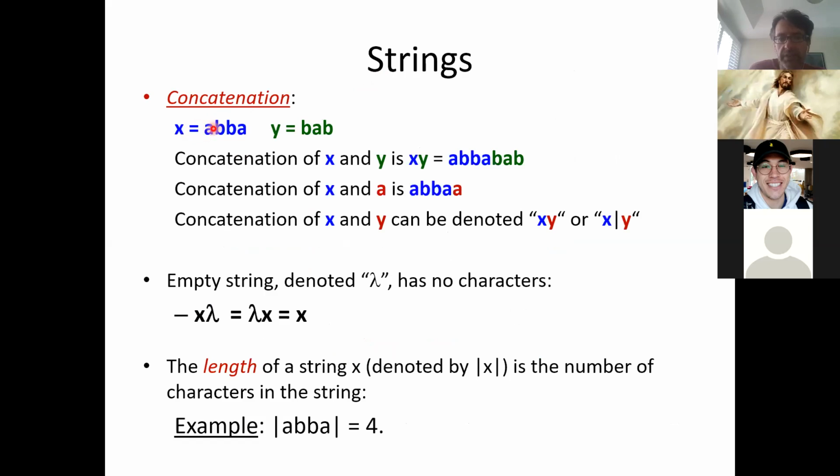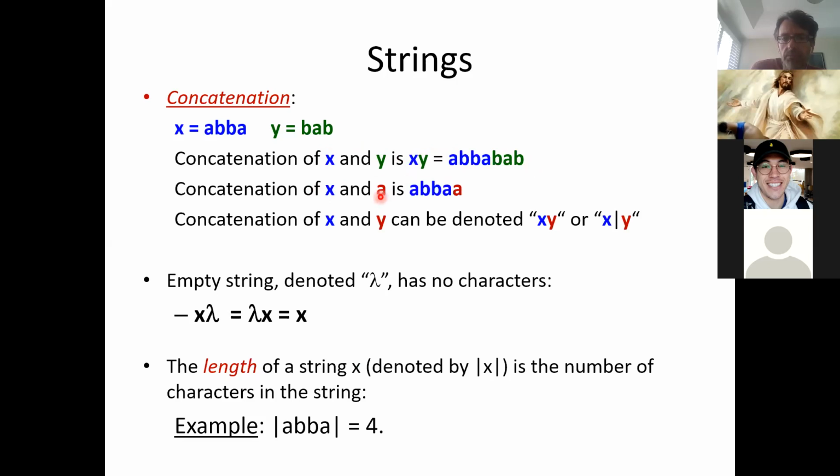If X is the string abba and Y is the string bab over the same alphabet containing just a and b, then I can write the concatenation of these two strings in this way: X followed by Y, and it's going to denote this string. So it's a string of length 7.